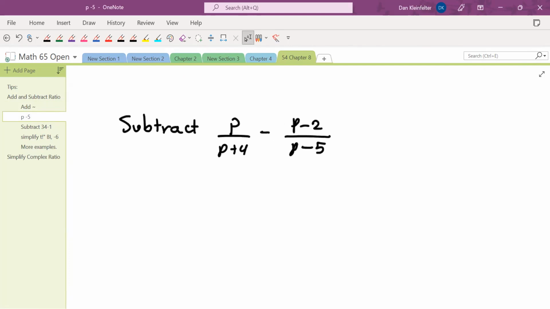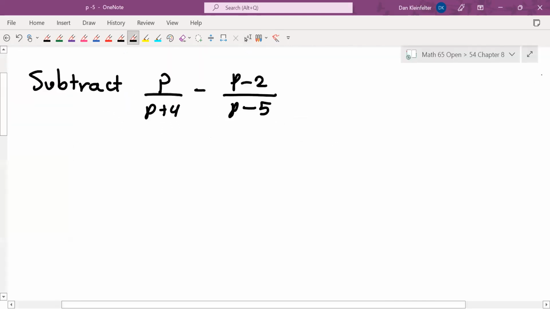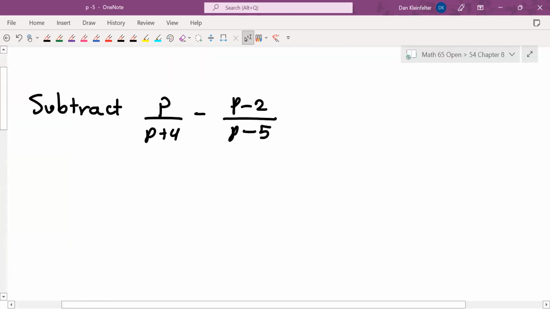Okay, so let's try a few examples. So here we have p over p plus 4 minus p minus 2 over p minus 5. So let me first rewrite that so I can have more room, put in the pieces I am missing.